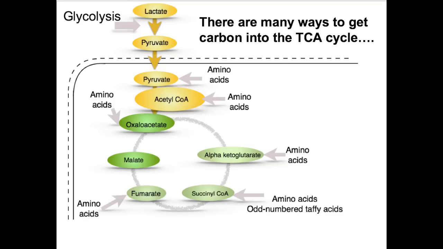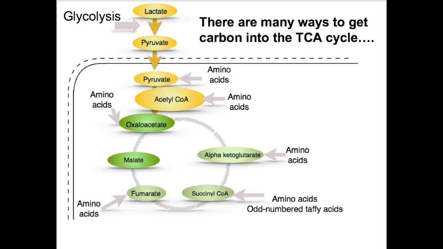There will come a time when you're going to have to know this, but we'll save that one for later. What you do have to know is that carbon can enter the TCA cycle at several points. Carbon from amino acids and fatty acids can enter by way of pyruvate, oxaloacetate, fumarate, succinyl-CoA, and alpha-ketoglutarate.